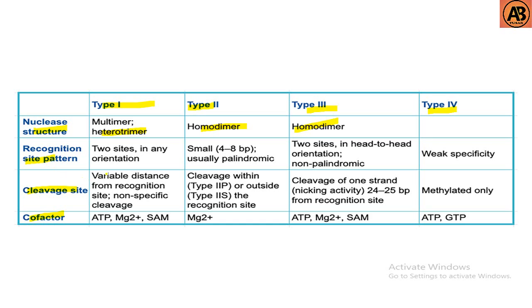Then for the recognition site, type 1 has 2 sites, type 3 has 2 sites in head-to-head orientation and is non-palindromic, and type 2 is palindromic. And here are some cofactors for each type.